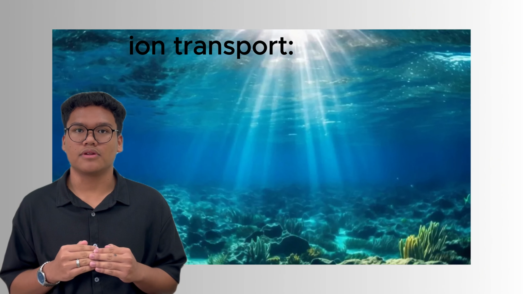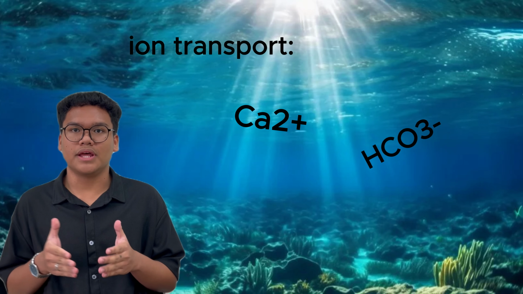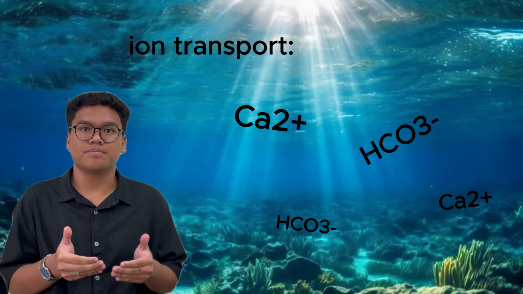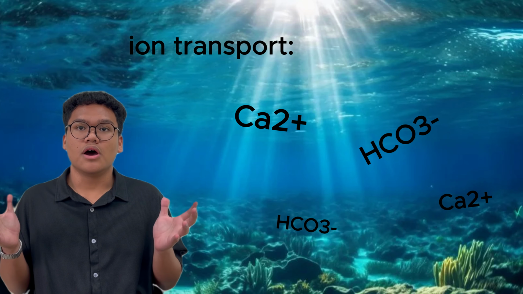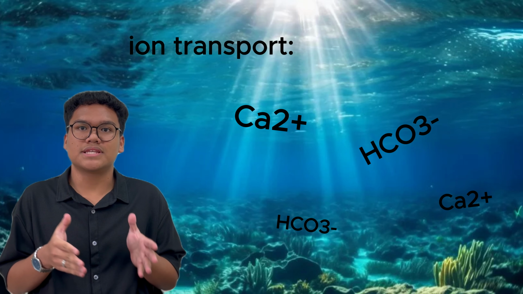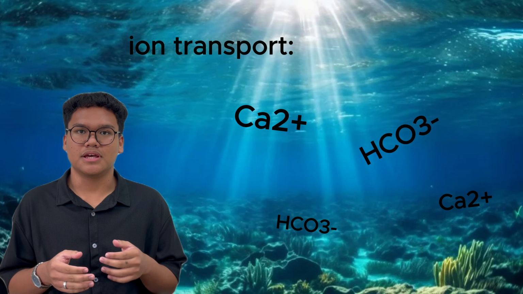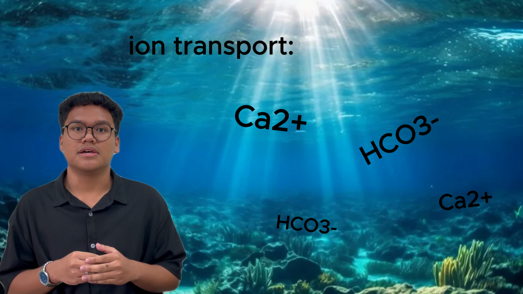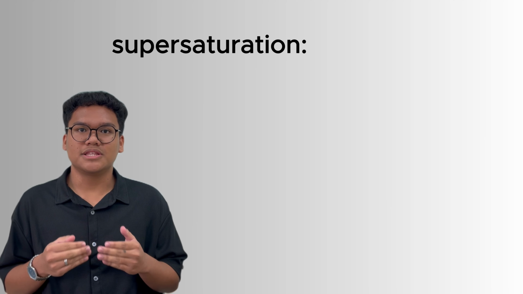The process occurs in distinct stages. The first one is ion transport. Calcium and bicarbonate ions are actively transported from the surrounding water or bloodstream to the site of shell formation, the extracellular space. Second is supersaturation.